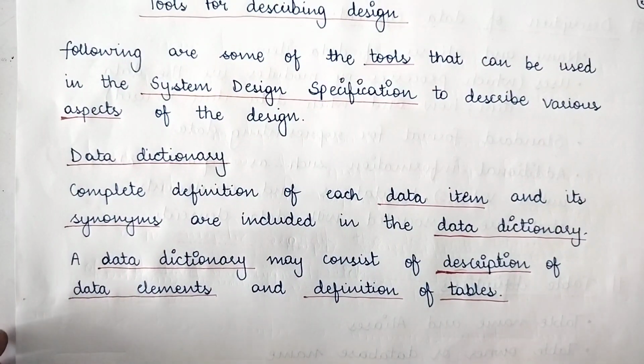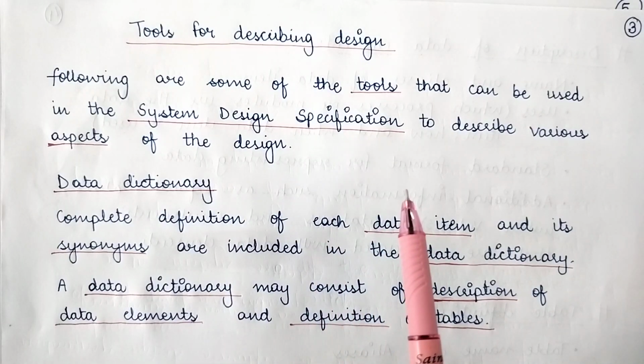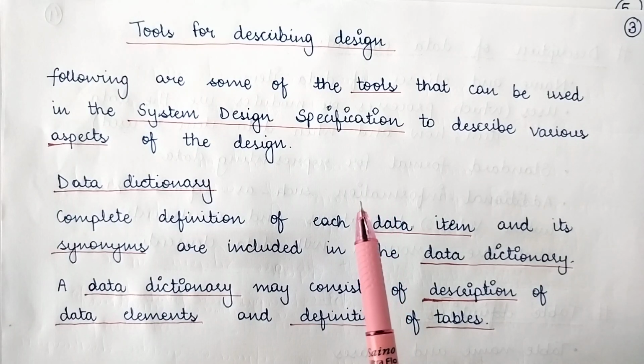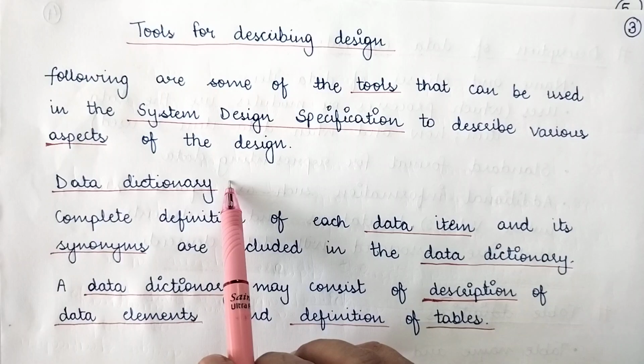What are the tools for describing the design in a system design specification? The tools that are used for describing the design in a system design specification are, first of all, the data dictionary.